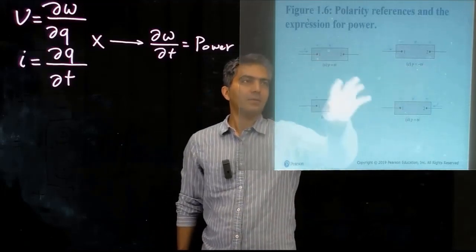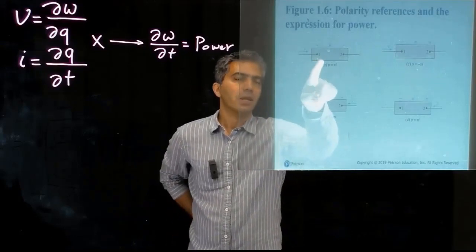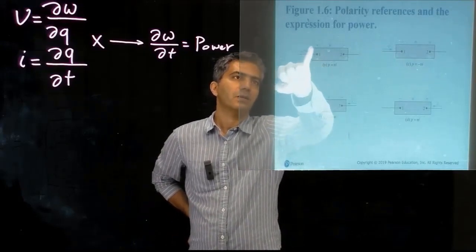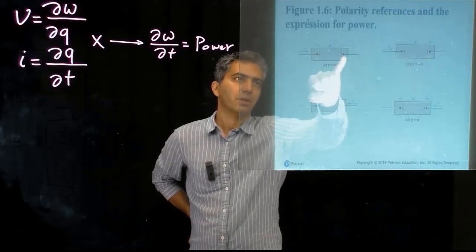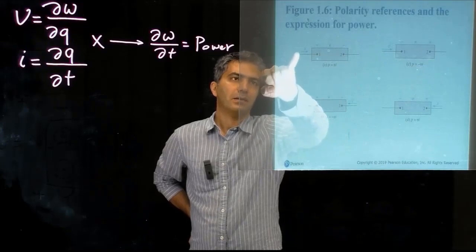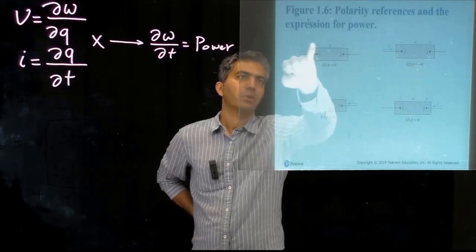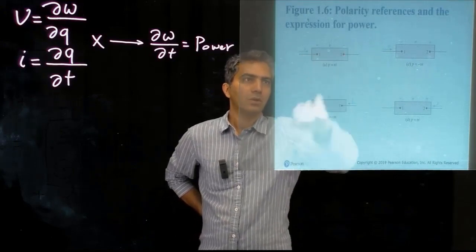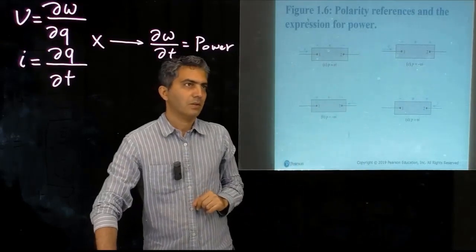So with that we have four different cases. We have the first case where the voltage is defined as potential of terminal 1 minus potential of terminal 2, and the current goes from terminal 1 with the positive potential to the terminal 2 with the presumption that the potential is lower.